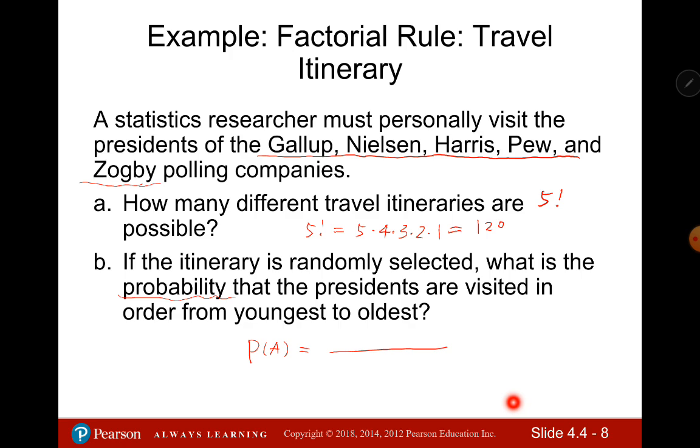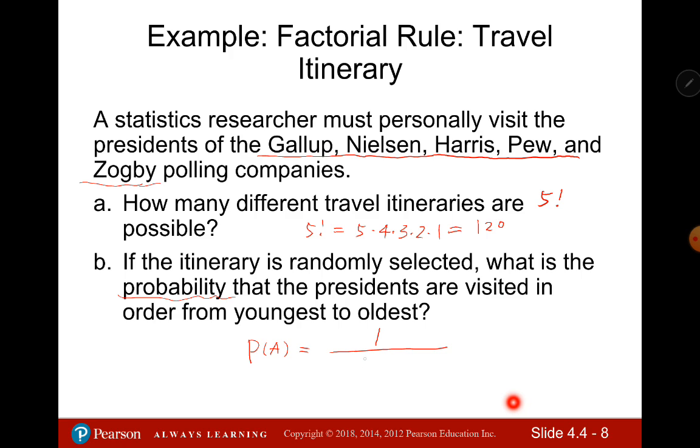If the order is from youngest to oldest, that's just one of the cases, right?